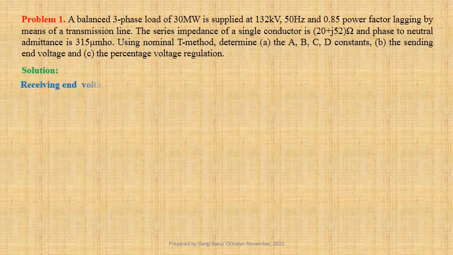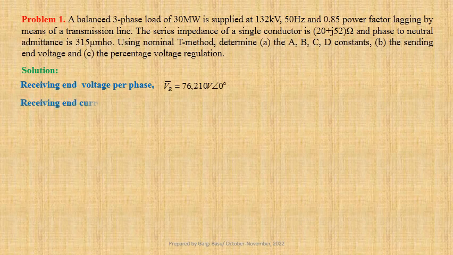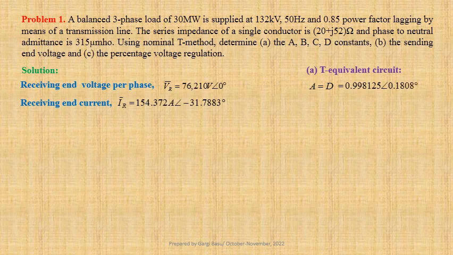Taking receiving end voltage per phase as reference, we can write VR equals 76,210 volts at an angle 0 degree. We have determined receiving end current IR equals 154.372 ampere at an angle minus 31.7883 degree, and generalized constants for nominal T equivalent circuit A equals D equals 0.998125 at an angle 0.1808 degree.